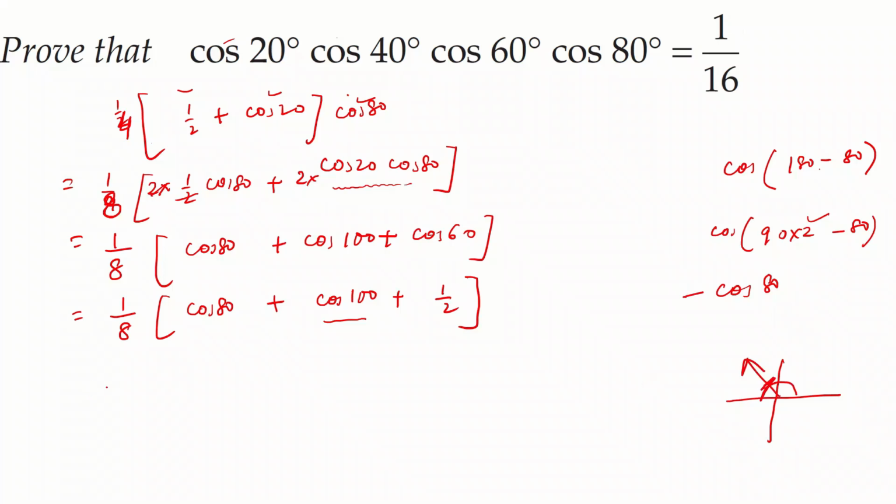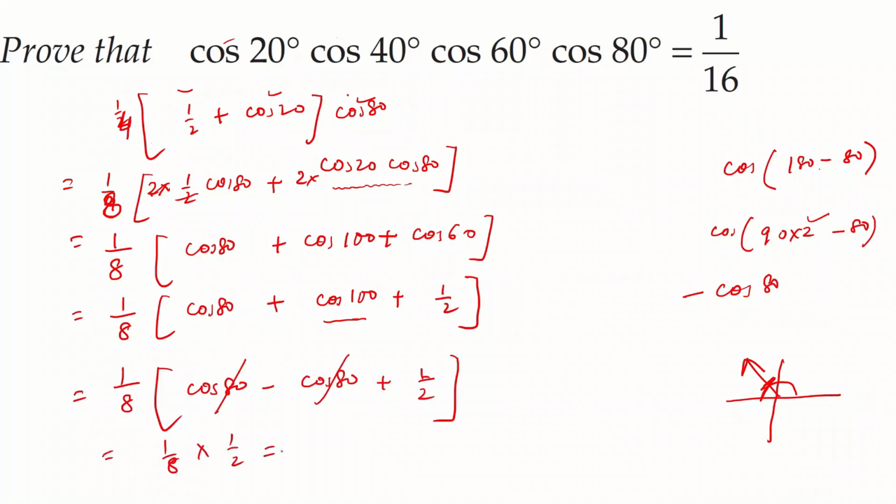You'll understand this better. So in place of cos 100, we write down minus cos 80, because they are both equal. So cos 80 minus cos 80, and then plus half. Cos 80 gets cancelled out. Nice. So 1 by 8 times 1 by 2 is 1 by 16, which is actually the RHS. Proved.